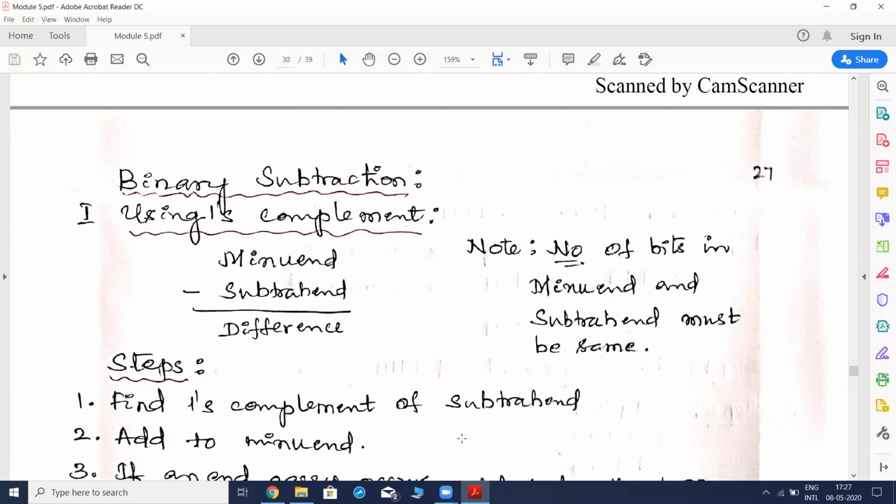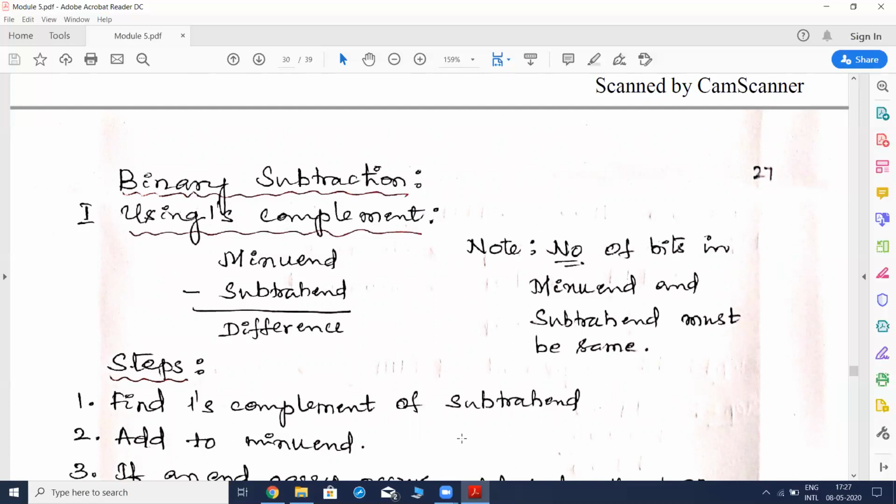The subtraction rule we have not told here at present, but we can convert the problem of subtraction into addition. So for that we go for complements. The advantage of going for complements is that we are converting the problem of subtraction into addition.